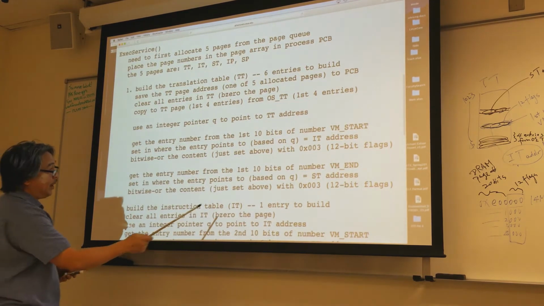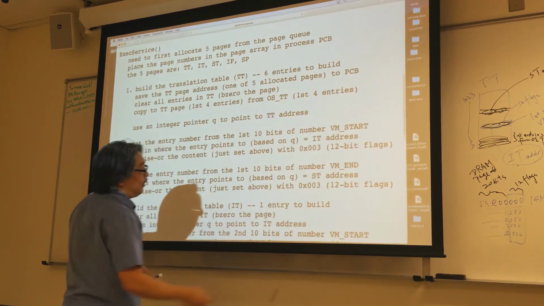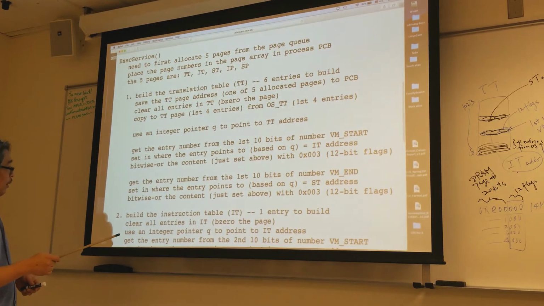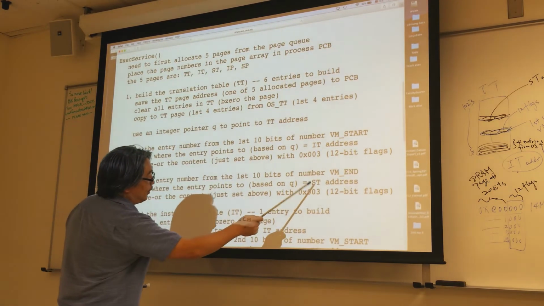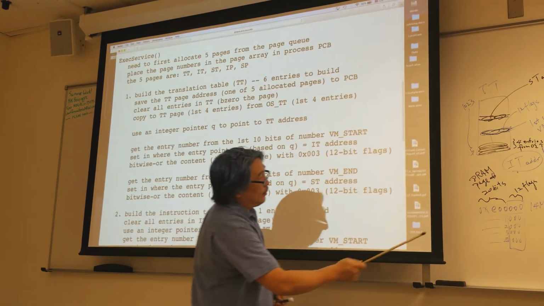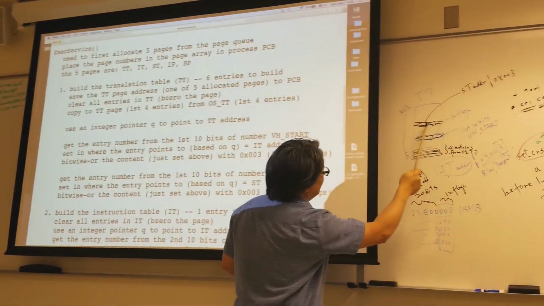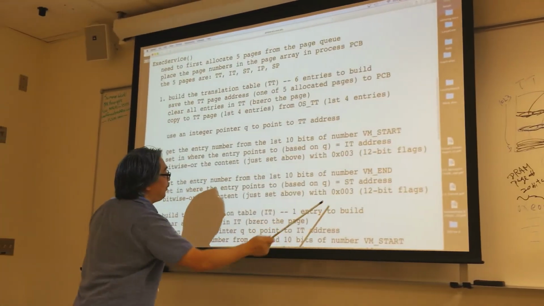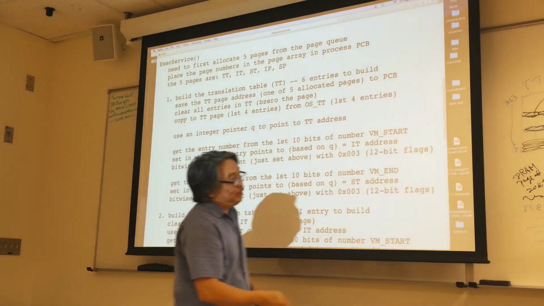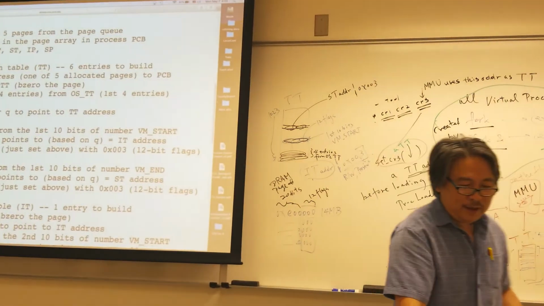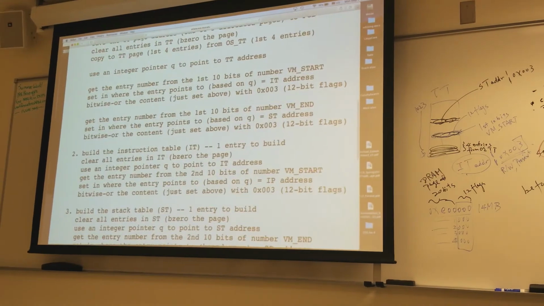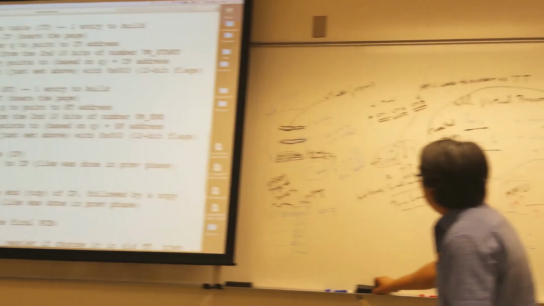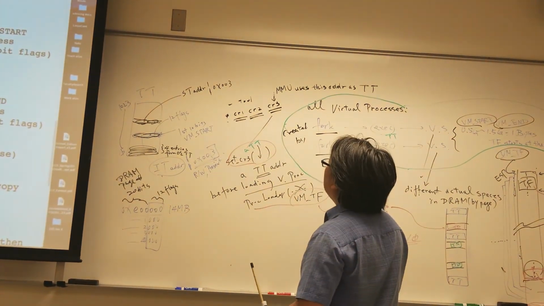The first 10 bits of VM end are going to give us the entry to set to this stack table address, with the bitwise OR of hex 003. So these 2 entries plus the 4 entries copied from the OSTT will make the main translation table. But what about the instruction table and the stack table?